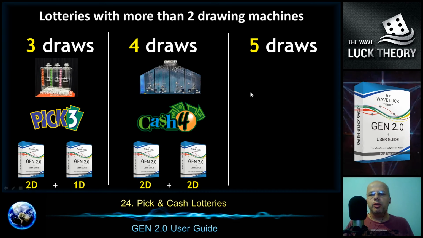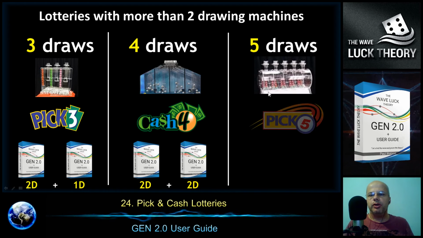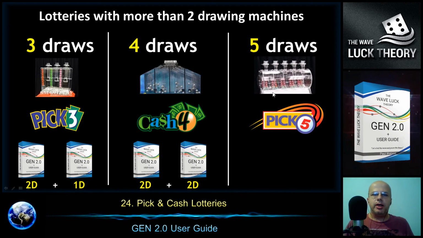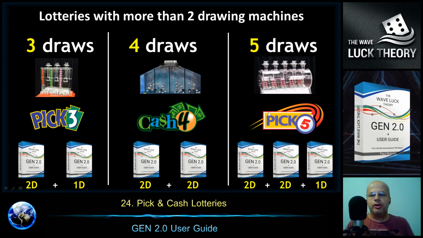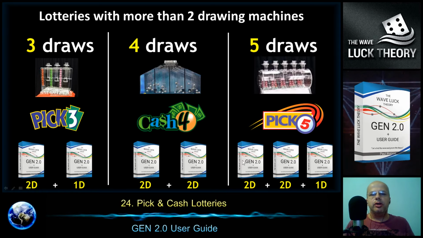And one of the biggest is having 5 independent drawing machines like pick 5, and I think you can guess correctly that for this we need to run at least 3 genes at once, where the first 2 are simulating 2 drawing machines each, so the amount is 4 drawing machines, and the third one is simulating the last, 5th drawing machine. So this is how you need to run the genes at once.